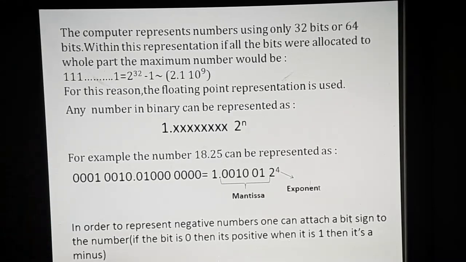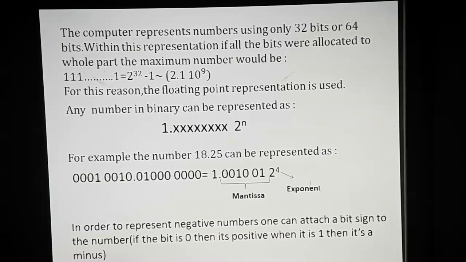Now, if you additionally want to represent a negative number, we can attach, for example, 1 bit for the sign, which is, for example, equal to 0 when the number is positive and equal to 1 when the number is negative. So it's a convention. And we can do the same for the sign of the exponent.